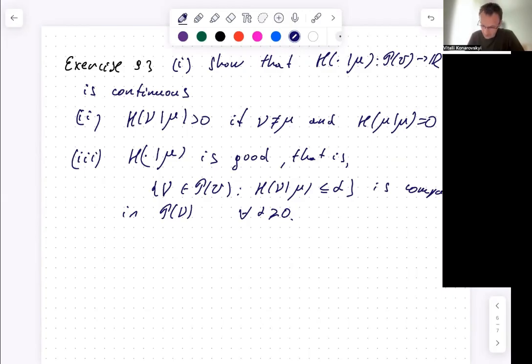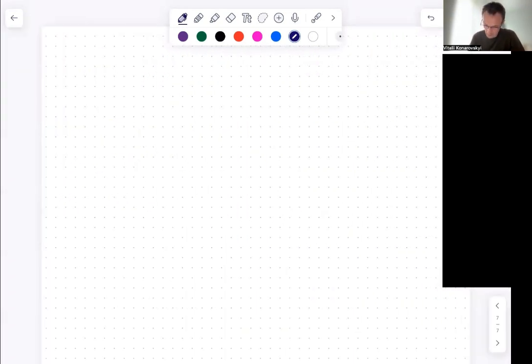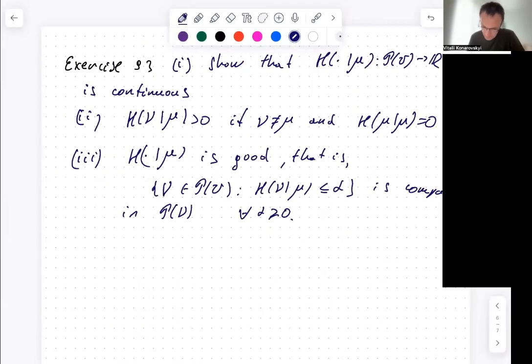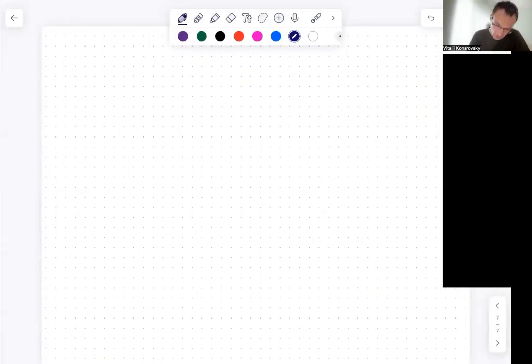And we will need one technical lemma about one special property of the relative entropy, which also has an independent interest. Let me formulate that lemma and then we will prove it. Lemma 9.4.